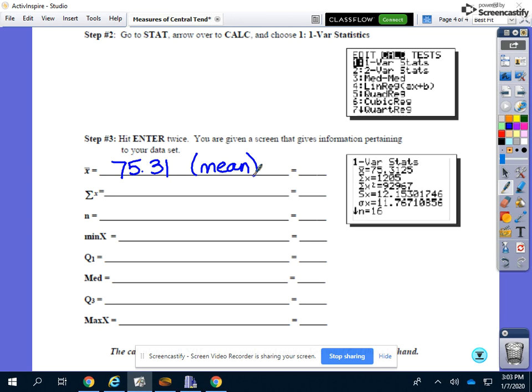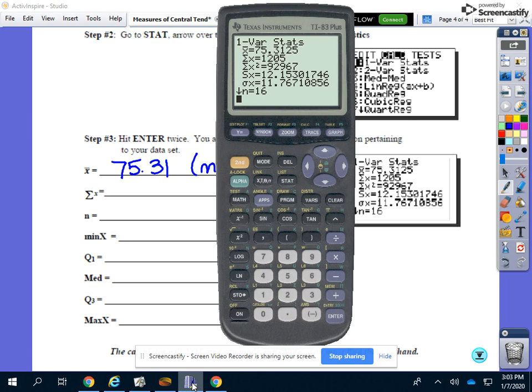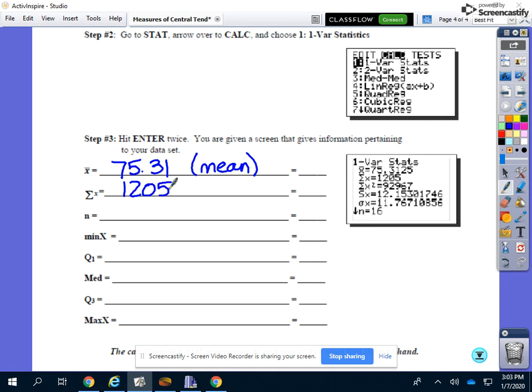That means the total of all your numbers added together. In this case, the total is 1,205. The next term is n. That tells you how many numbers you typed in.